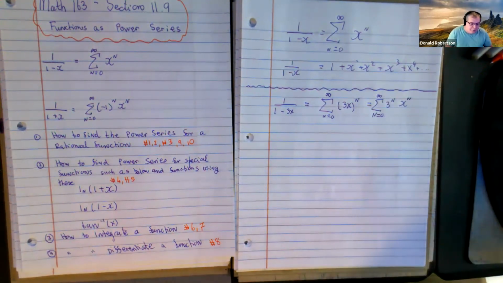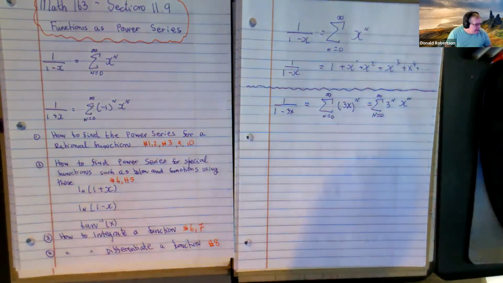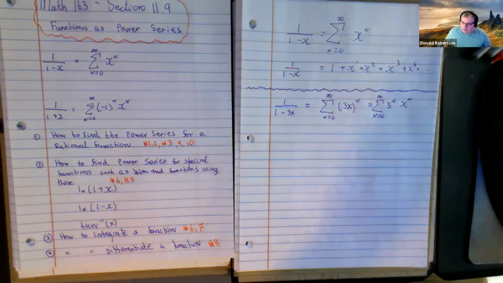Now, there are a whole bunch of questions, 1, 2, 3, 9, and 10, where you do this kind of thing. They also almost always tell you to find the interval of convergence or the radius of convergence, or sometimes both. Will you ignore that question? You've done radius and interval from another section, and if you have to keep doing it for every one of these questions, you're going to double your workload for no benefit.